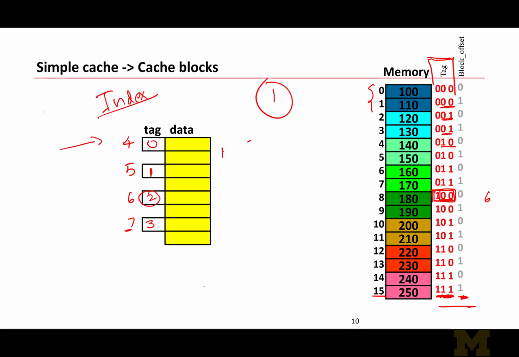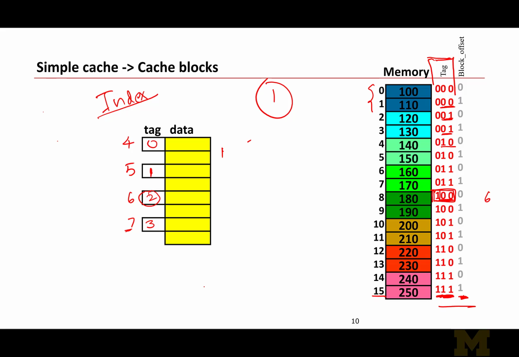All right, so the last point I want to make here is the tag now doesn't have to be everything but the offset. I don't have to explicitly store the index part as part of the tag, because just like what we did before where we said we don't need to store the block offset because it's always going to be the same, the address, the tag that is mapping into a given cache line, you would notice that it always has the same 2 bits for the least significant bits, right?